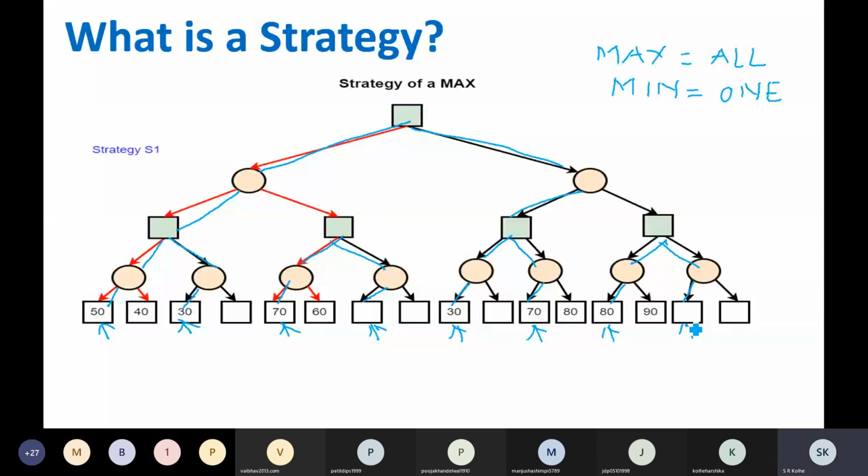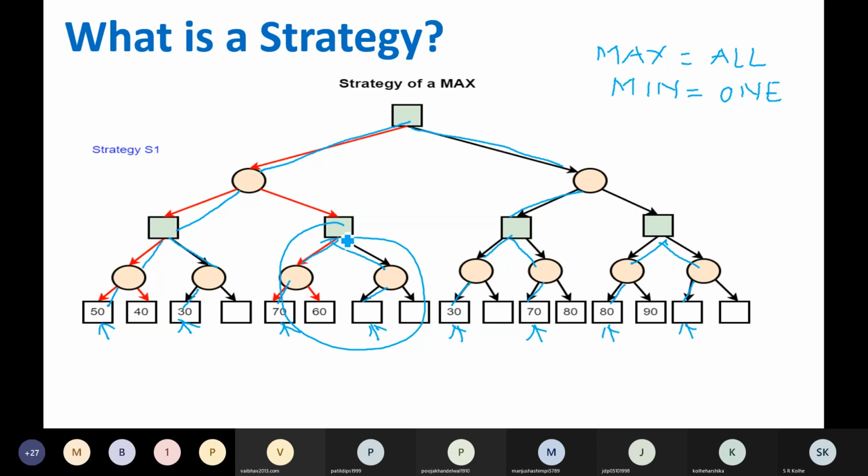One step is wrong in this selection. What is that? At max you select all, at min you select only one. I should not have selected this part. At max you select all, both. At min only one, leftmost is selected. Why consider this now then?